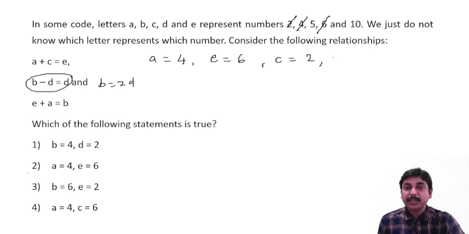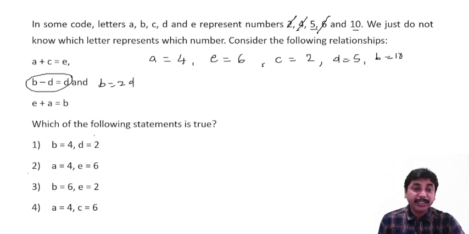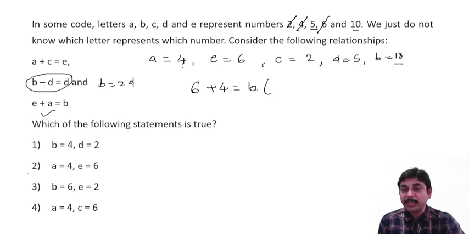It means that your D value should be 5 and B value is 10, and those are the two numbers left here. Now you can check whether this equation is satisfied or not. E plus A, what is the E value? 6 plus A, that is 4, is equal to B. What is the value of B here? That is 10. So it is satisfied. So your answer has to be option number 2.